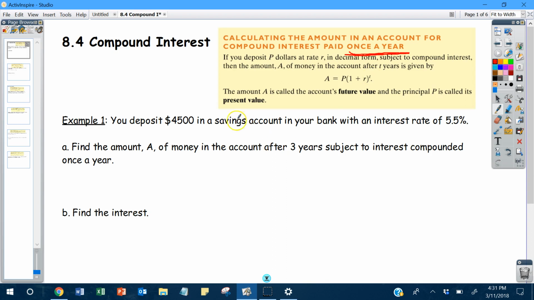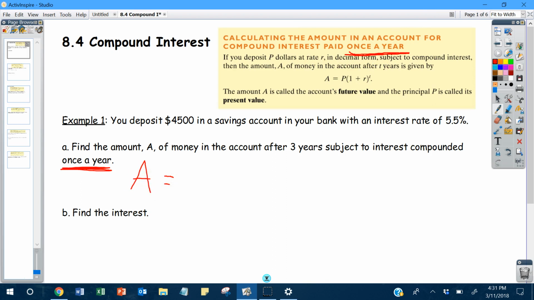So here's an example where we deposit $4,500 into a savings account with an interest rate of 5.5%. Part A says find the amount of money in the account after 3 years, subject to interest compounded once a year. So compounding once a year means we can use this formula, and we want to find A, and we can start plugging in numbers we know.